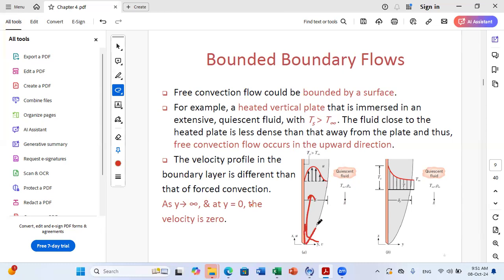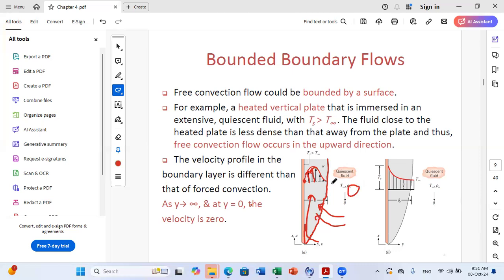What do we mean by boundary layer? Look, close to the surface, which is fixed, the velocity is zero. Because you induce air motion, you have a region where the velocity increases, and you are entraining air from the outside environment. In the outside environment, you have quiescent fluid, so the velocity there is zero.